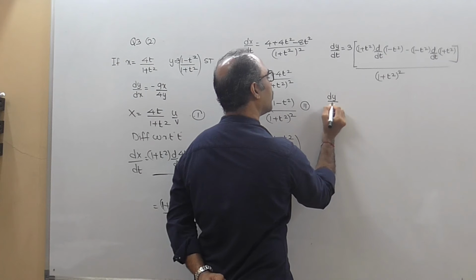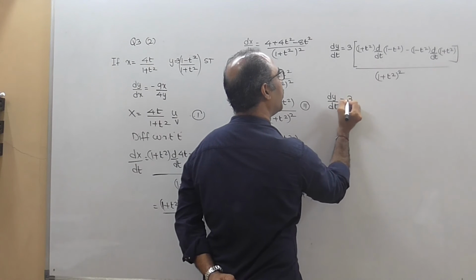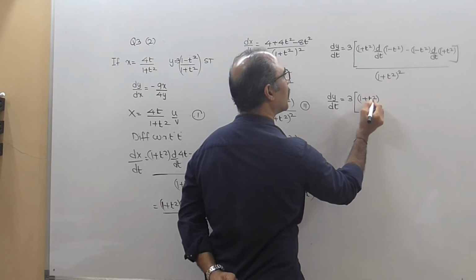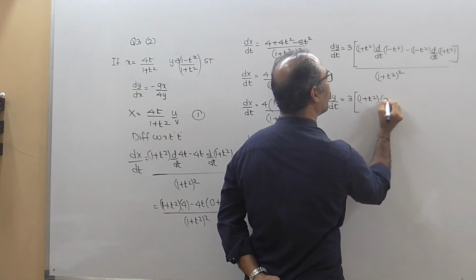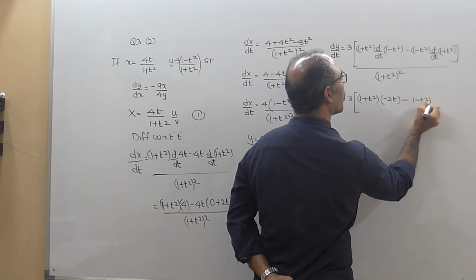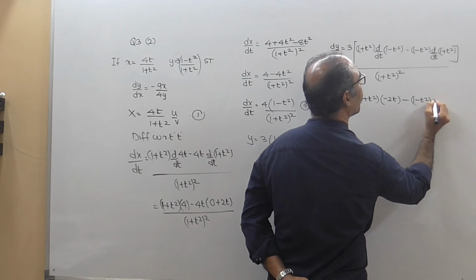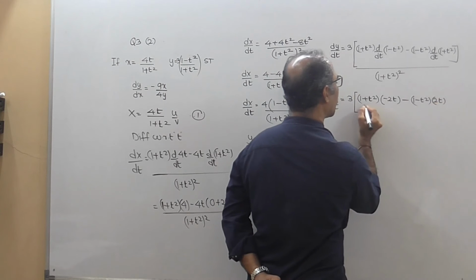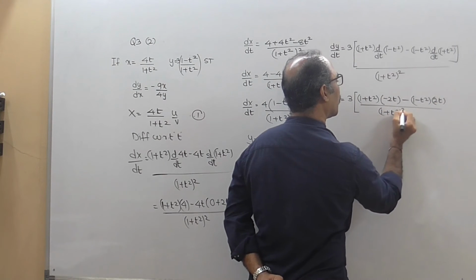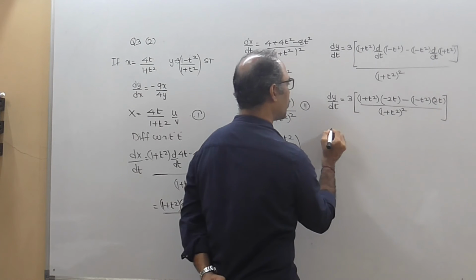So we get dy by dt equal to 3, 1 plus t square, the derivative of 1 is 0, t square is 2t, minus 1 minus t square, the derivative of 1 is 0, t square is again 2t, the whole upon (1 plus t square) the whole square.